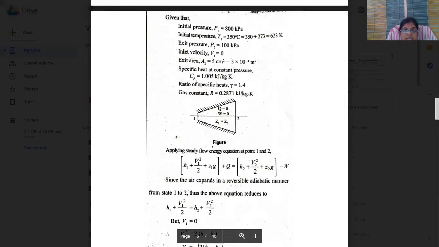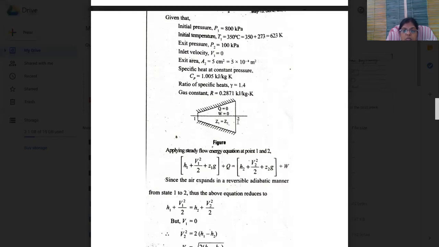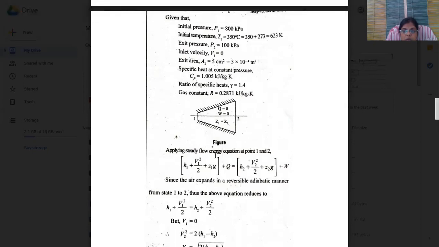Since air expands in a reversible adiabatic manner, Q is equal to 0. So here Q is equal to 0, and Z1 is equal to Z2 is cancelled, and W is also 0. So we have to remember that for a nozzle, work done is 0 and Q is 0.